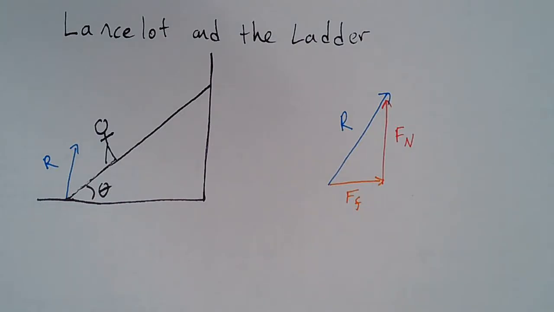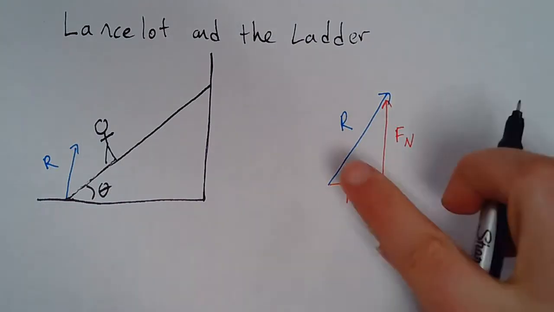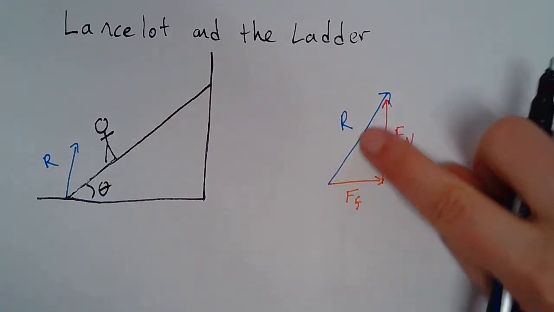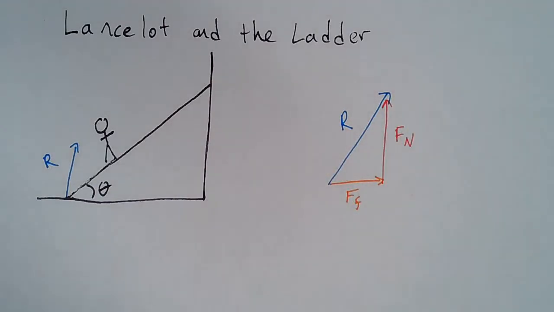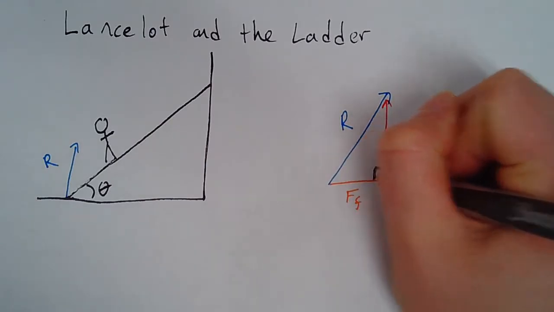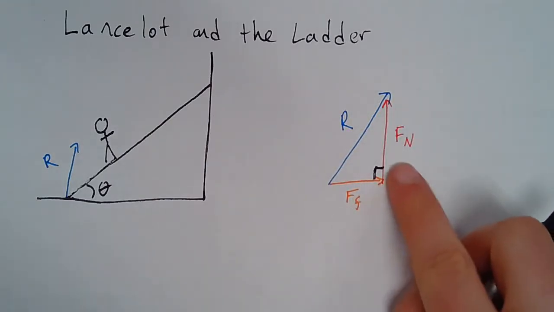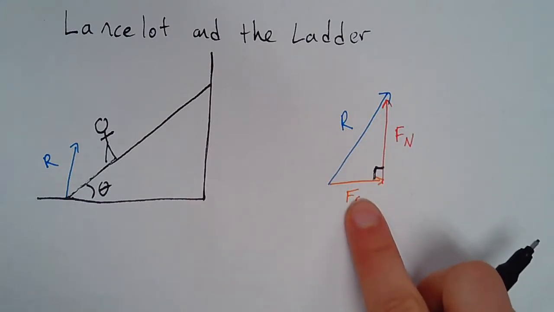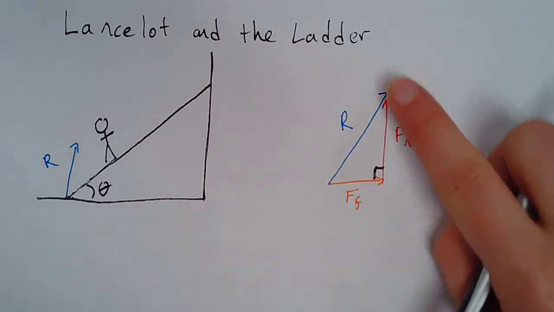These two forces are working together to create what's called the reactive force to the ground. And these are at a right angle to each other, so they are the two pieces, the perpendicular and the parallel, for the whole ground force.